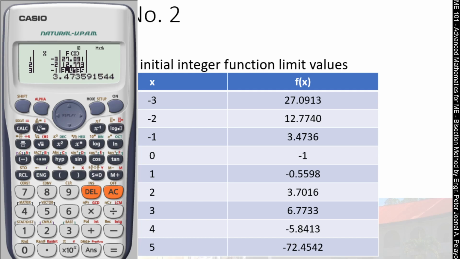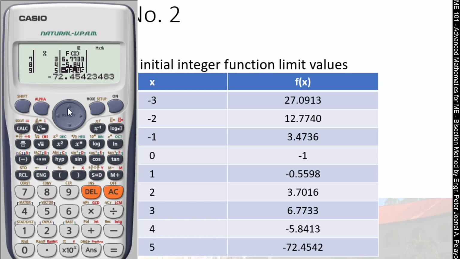And then, negative 1 is 3.4736. Kay 0, x is 0, f of x natin is negative 1. So, 1 is negative 0.59598. 2 is 3.7016. 3 is 6.773. Tama. So, check lang natin.